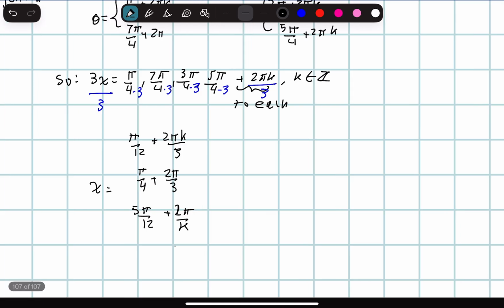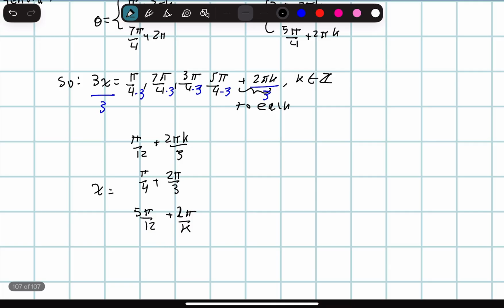Okay, and then we have 7 pi over 12, then 7 pi over 12 plus 2 pi k over 3.